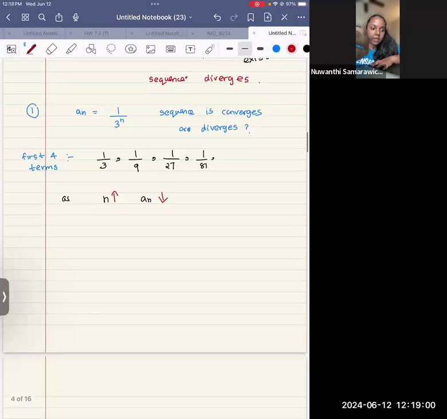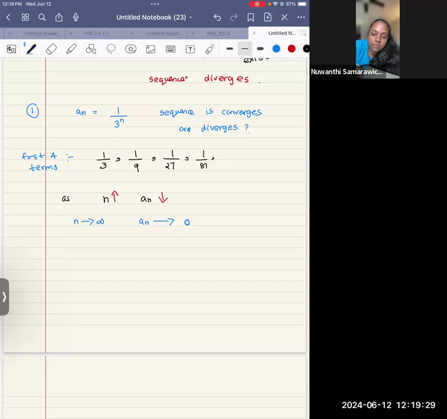Okay. If I write in arrows, n approaches infinity, what happens to a sub n? When n is getting larger and larger, a sub n approaches 0.